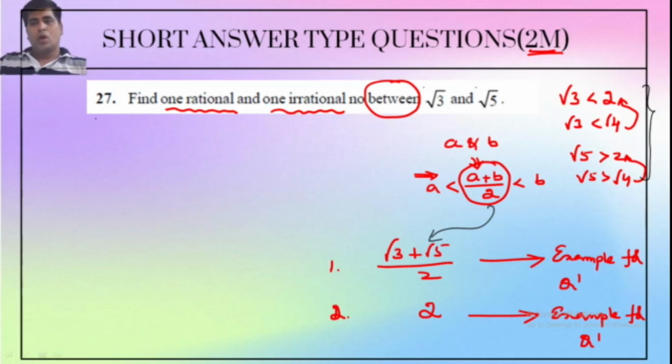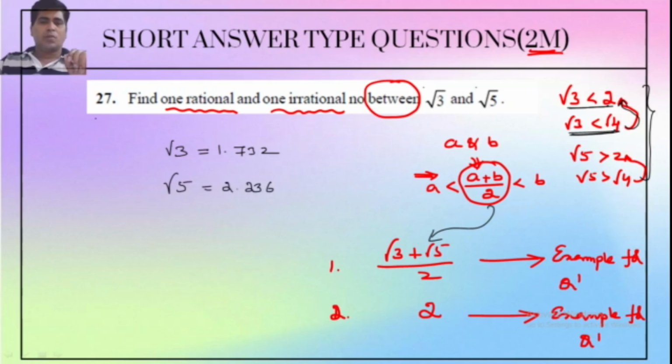Root 3 is less than root 4, and root 4 value is 2. So the root 3 value is 1.7, and the root 5 value is 2.2 and so on, an irrational number that neither terminates nor recurs.